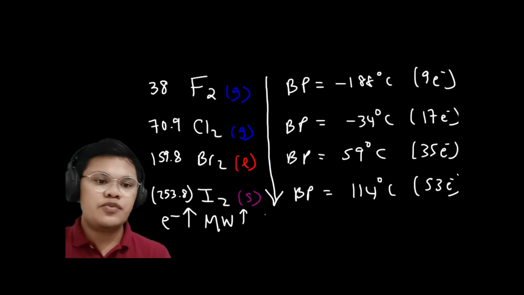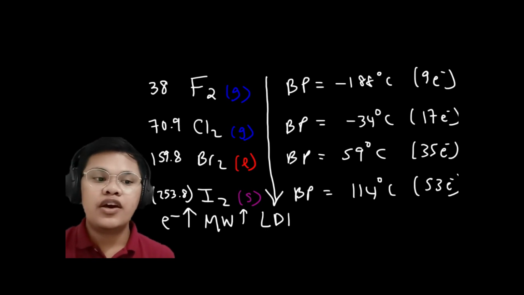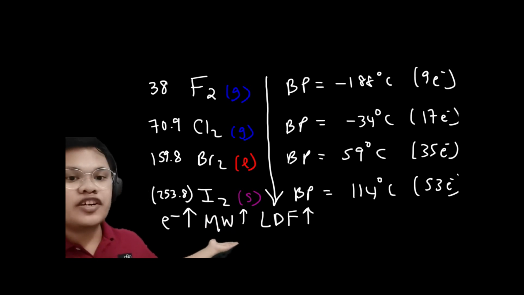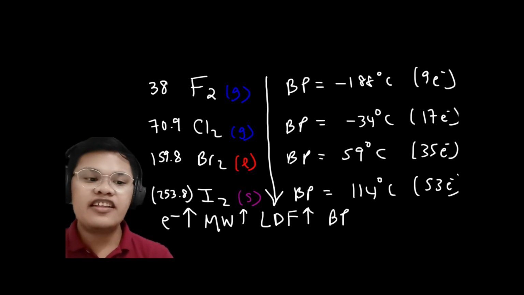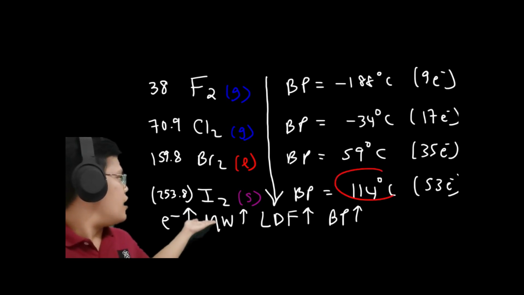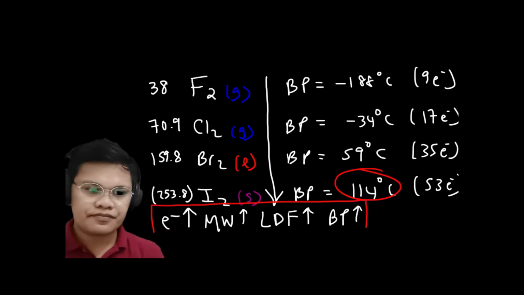Now, molecules with high numbers of electrons or higher molecular weight will have more London dispersion forces. And so you can see the trend that the boiling point also increases. Iodine has the highest boiling point because it has a high molar mass and more electrons.